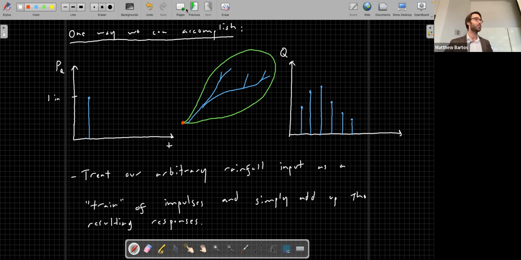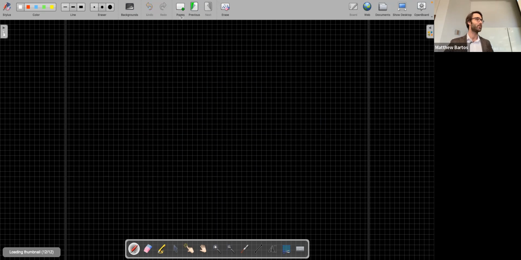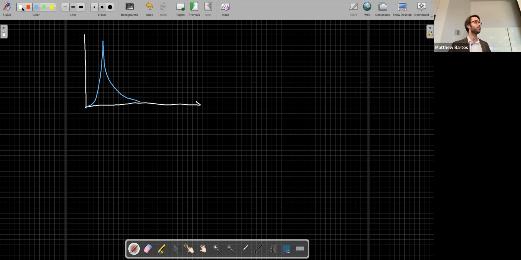So conceptually, let me just draw a quick drawing here. Let's say we have some rainfall event that looks like this. We have our unit hydrograph. Actually, let me draw this as a discrete series of points.